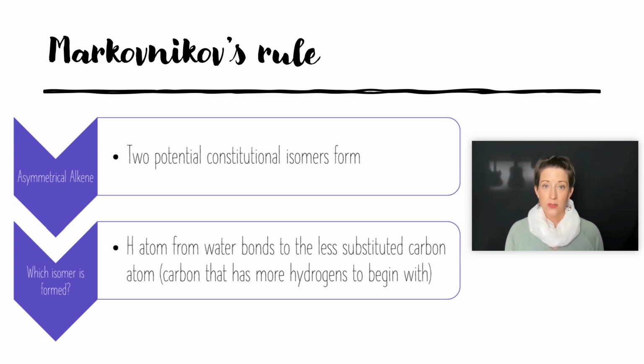So the hydroxyl group that is going to be seeking out electrons is going to go to the more substituted atom, and the hydrogen is going to go to the carbon that already is rich in hydrogen. One way to remember Markovnikov's rule is rich get richer, and we're getting richer in hydrogen. This creates one major product.